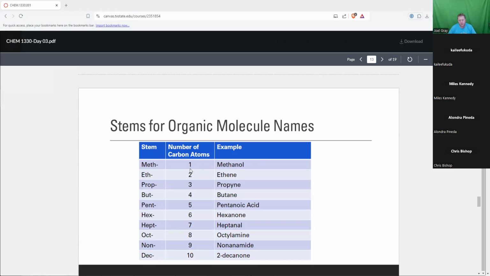If you're an Ultimate Fighting fan, you know about the octagon, so that's 8 carbons. I think the ones where people run into the biggest problem are prop and but. So propane and butane.